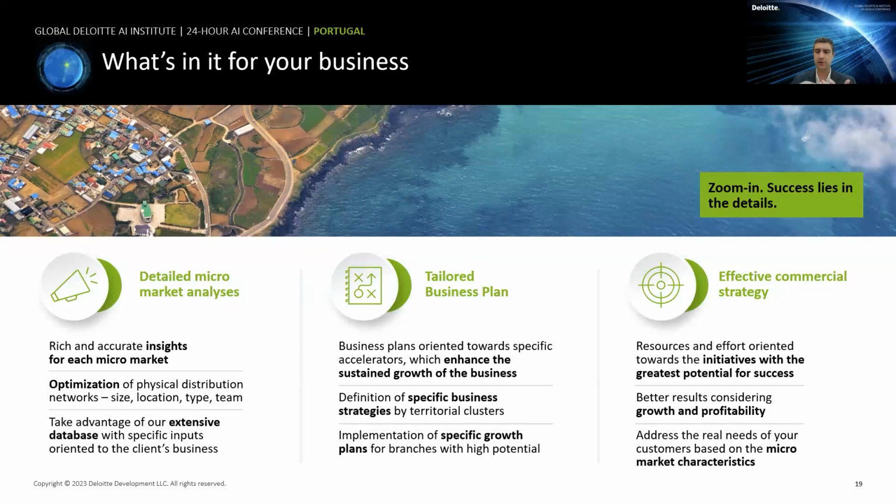So who lives there, who commutes there, what are the companies, what is the age of the inhabitants, what are their kinds of transactions. This allows me to know which kind of physical presence I need, not just the number of branches or points of sale, but what kind of points of sale.